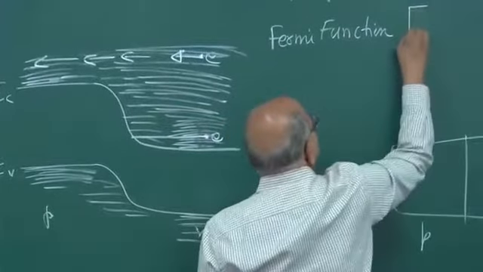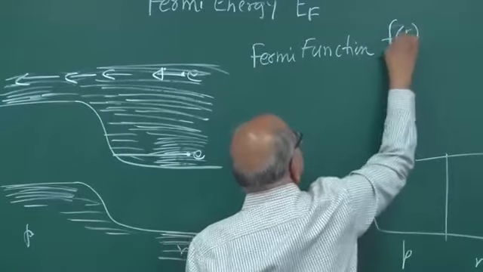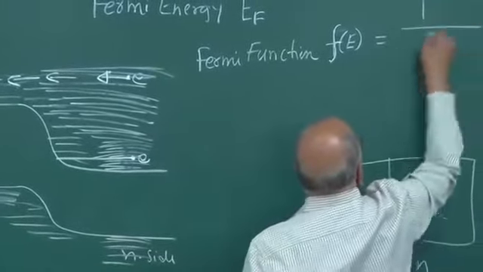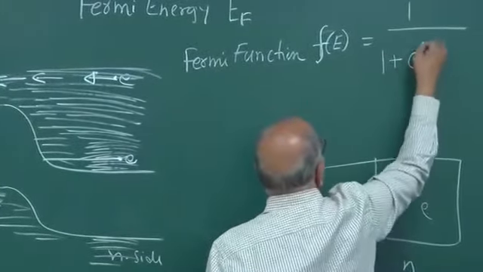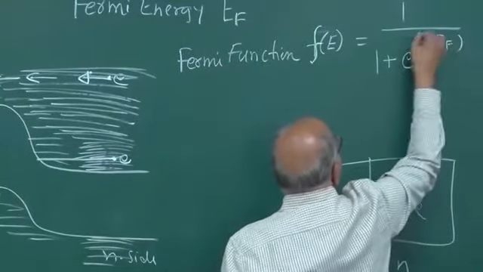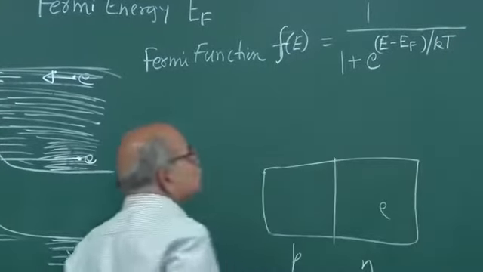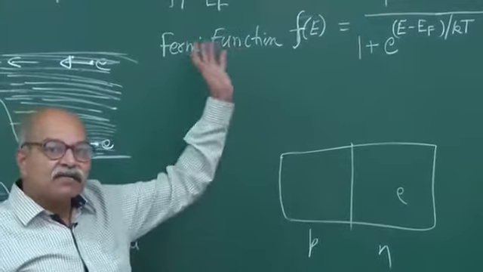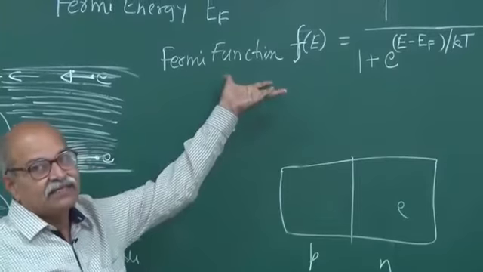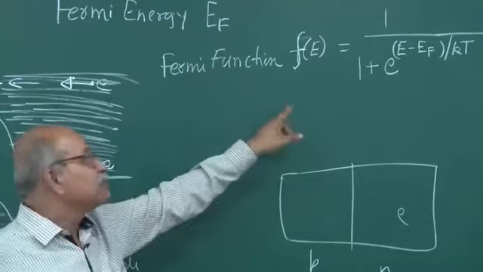This is f, let's call it f of E. It's a function of energy, and it is written as 1 over 1 plus e to the power (E minus EF) divided by kT, Boltzmann constant times temperature. This particular function represents the probability that an electron will occupy a quantum state at this energy.